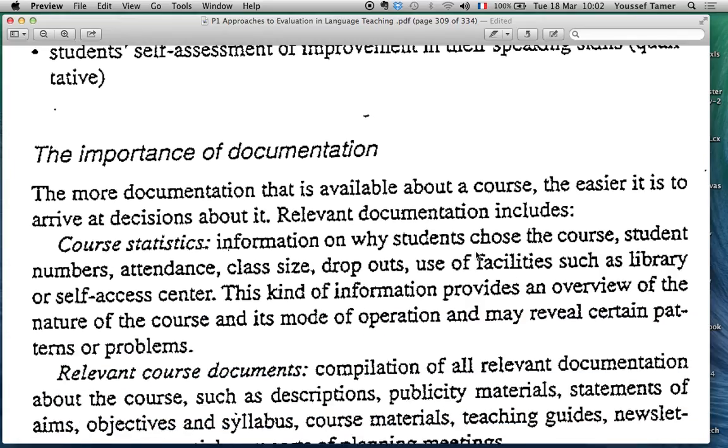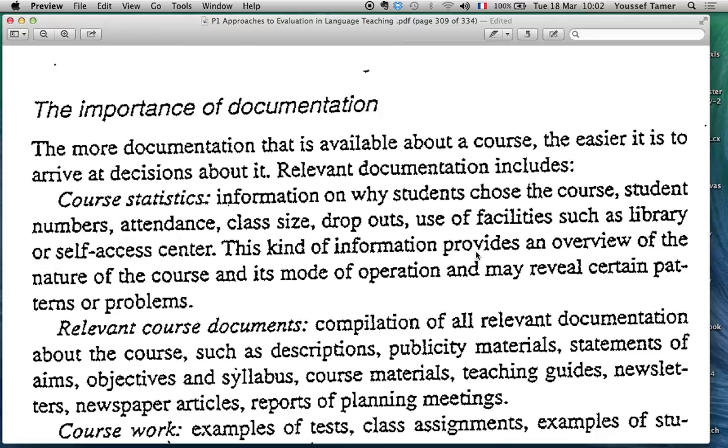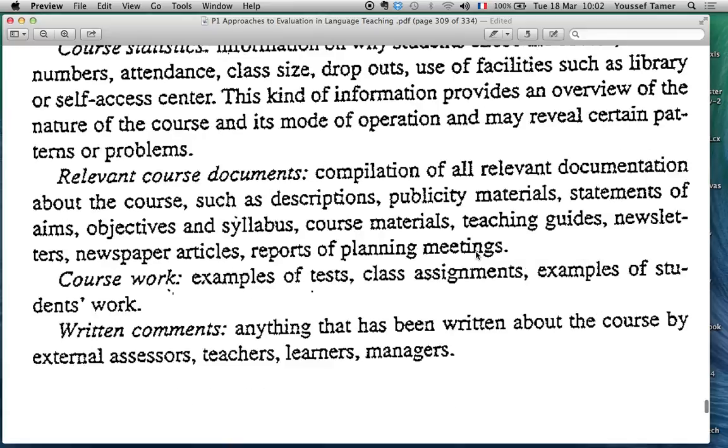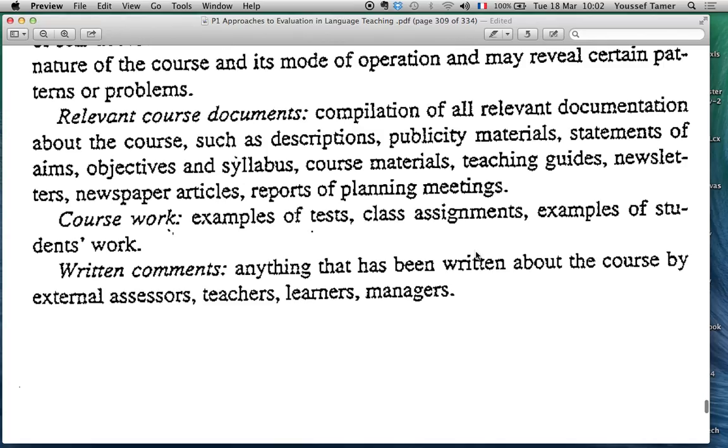Now, documentation is also very useful for evaluation. The types of documents you need to rely on in this regard are course statistics: how many students enrolled, how many failed, how many got better marks, how many got low marks, and so forth. Relevant course documents, like course description and syllabi.